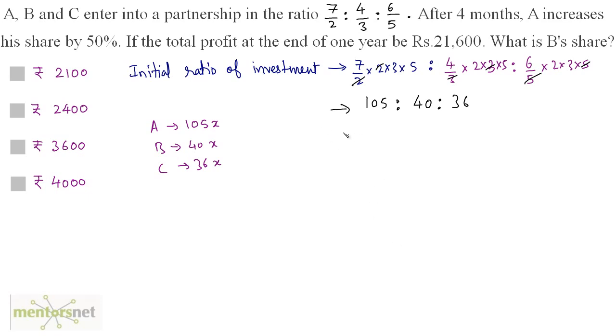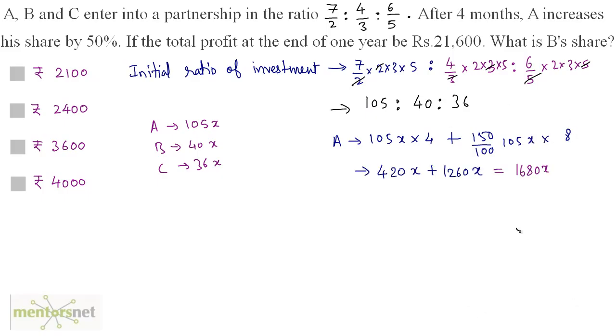Hence A's total share is 105x for the first 4 months, so 105x times 4, plus we have a 50% increase in his share for the next 8 months, so 150% of 105x times 8. When you solve this, you'll get the total share of A for the 1 year as 1680x rupees.